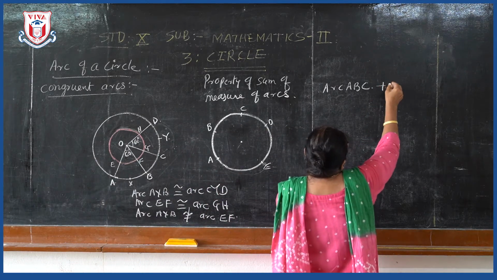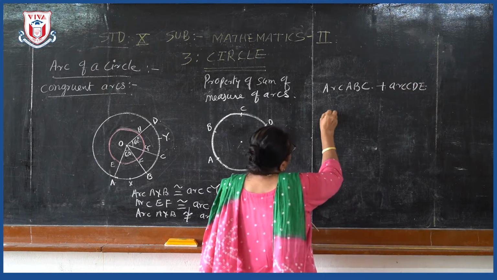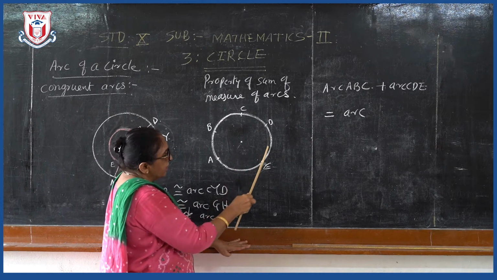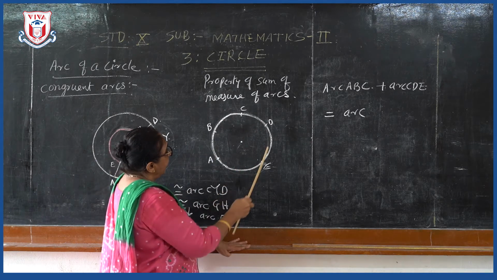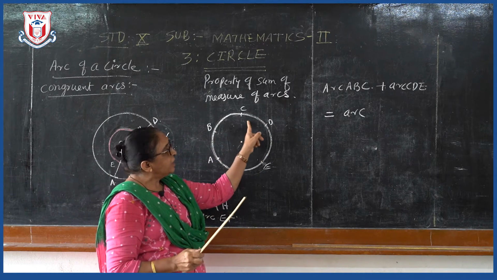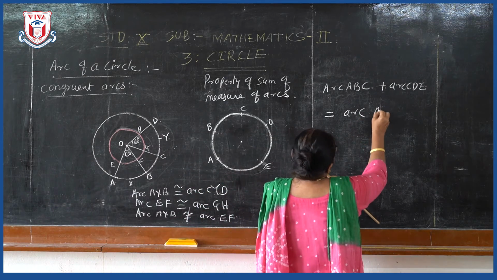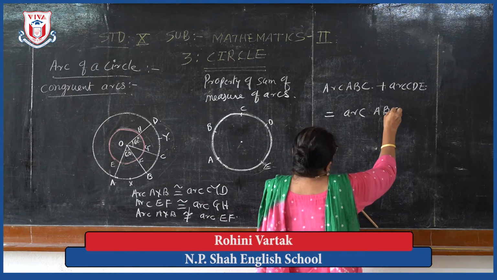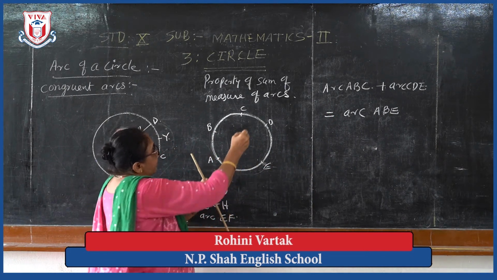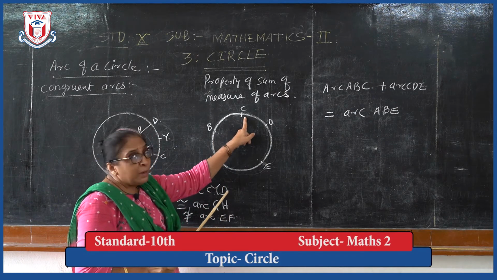If we add them, we get the complete arc ACE or ABE or ADE. Any one point out of B, C and D you can consider here. So, that is arc ABE.